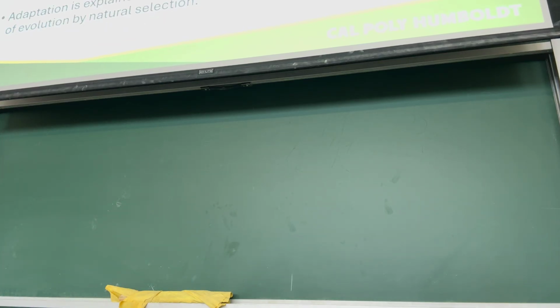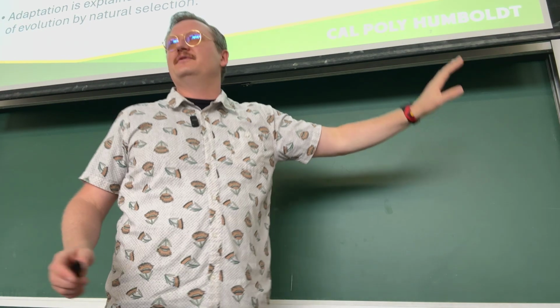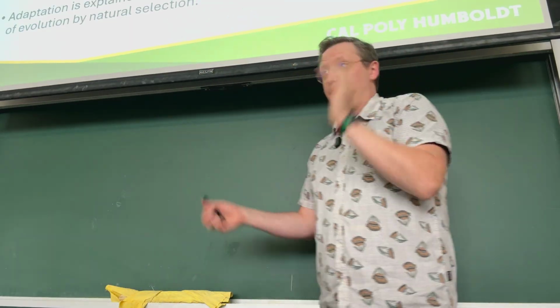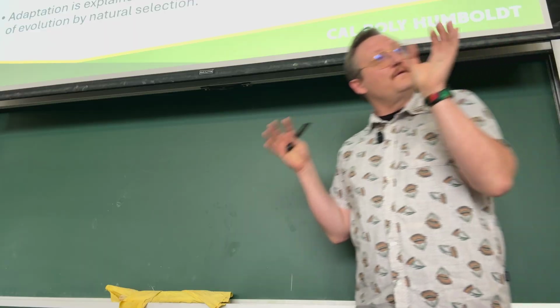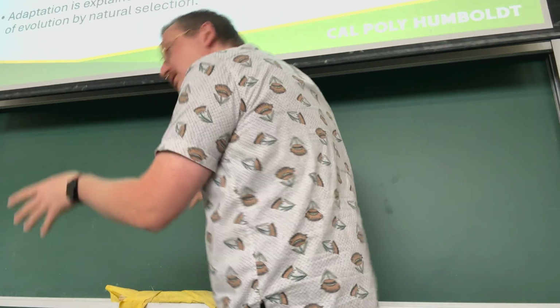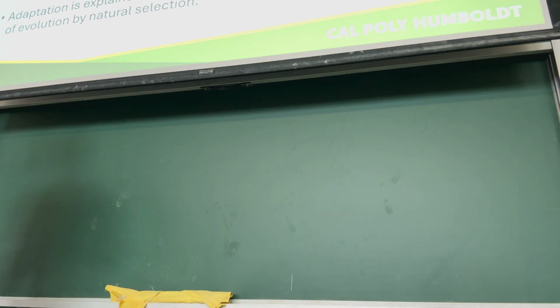Last time we talked about adaptation versus acclimation. I drew the evolution umbrella, and underneath it I put natural selection, artificial selection, sexual selection, genetic drift, four forces that can all lead to changes in gene frequencies, changes in allele frequencies from generation to generation.